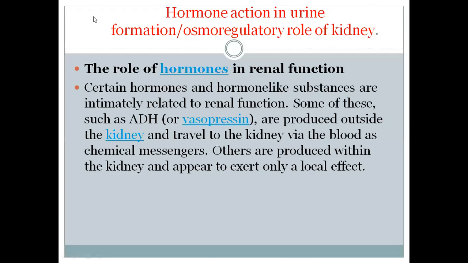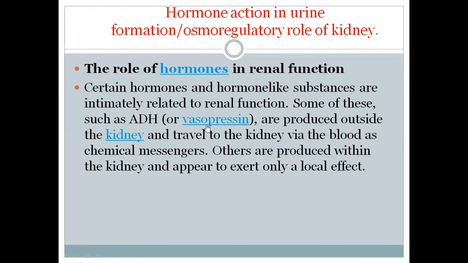Okay, the role of hormones, this is a short question, let us complete it. In the renal function, certain hormones and hormone-like substances are intimately related to the renal function.